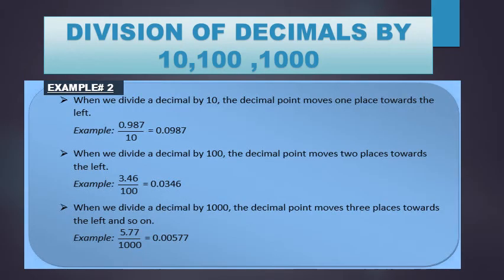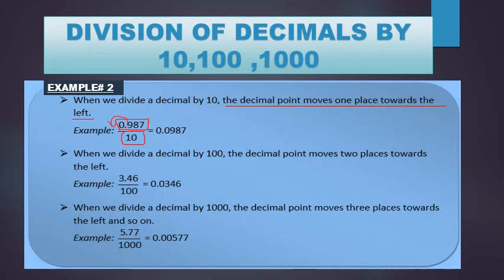Alright, my dear students, here we have example number 2 of division of decimals by 10, 100 and 1000. The decimal number we have is 0.987 and we are dividing it by 10. When we divide a decimal by 10, the decimal point moves one place towards the left like this.